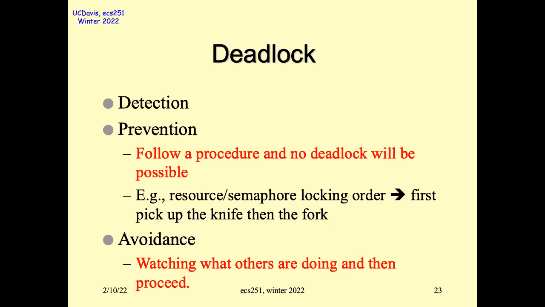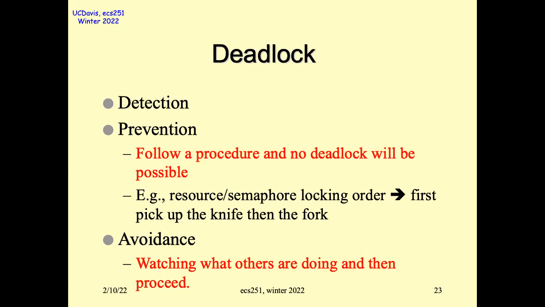One very typical example of deadlock prevention with semaphores, the mutual exclusion, is what we call resource ordering. The term resource ordering means that everybody follows the same order to enter all possible mutual exclusions. So if I want to go for two semaphores, two mutual exclusions, one is a fork, one is a knife, we say you must first enter the knife mutual exclusion before you enter the fork, assuming that's the procedure.